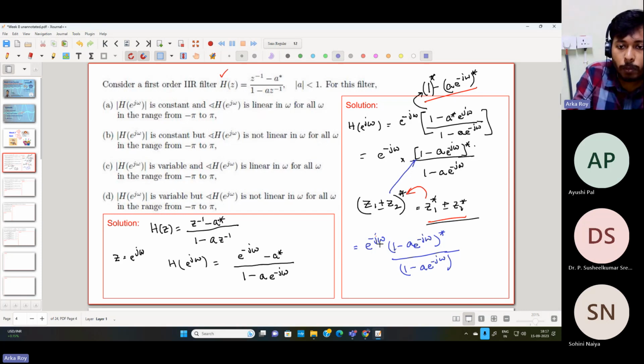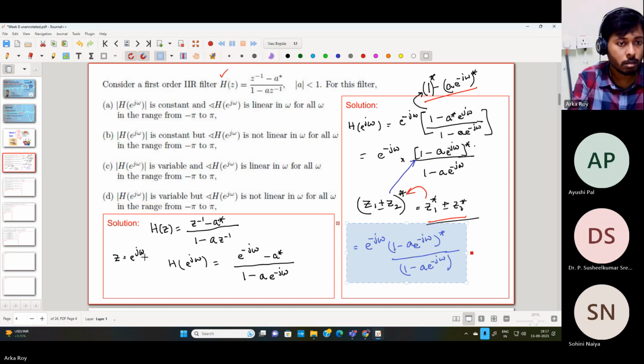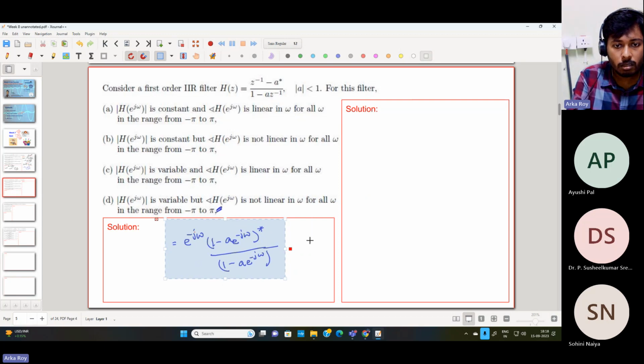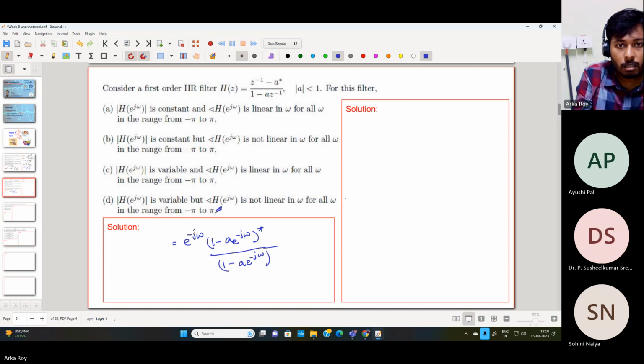I can just copy this part from here, and write it as H(e^{j omega}). If I take the mod of this, it will be the mod of this whole thing.